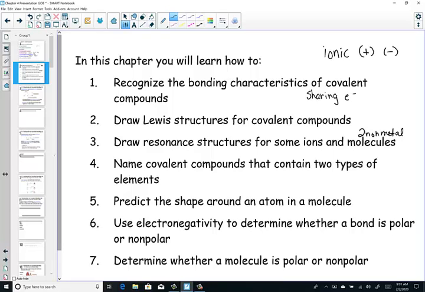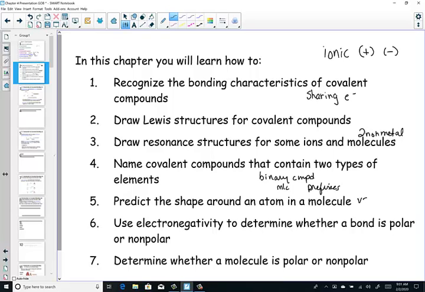We'll name those and investigate those prefixes to let us know how to name binary molecular compounds. Whoops, I can spell. Binary molecular compounds. And we'll see that those molecular compounds have those prefixes in those names to just give us an idea of how many of each atom there are.